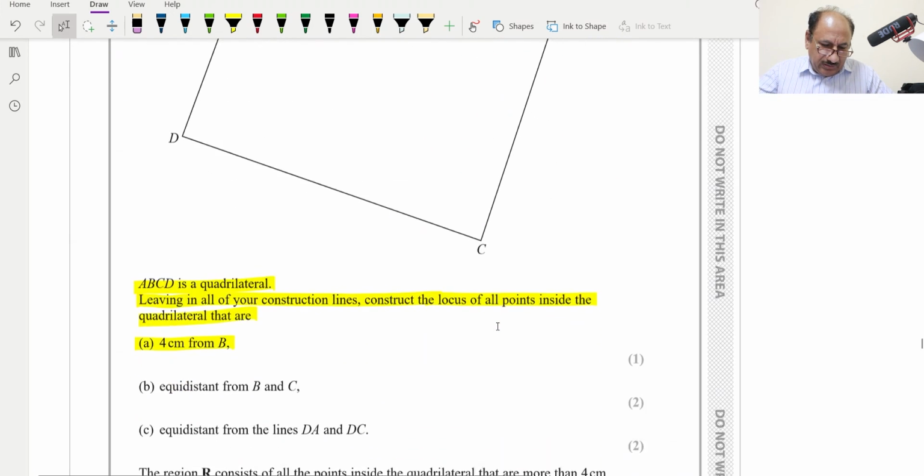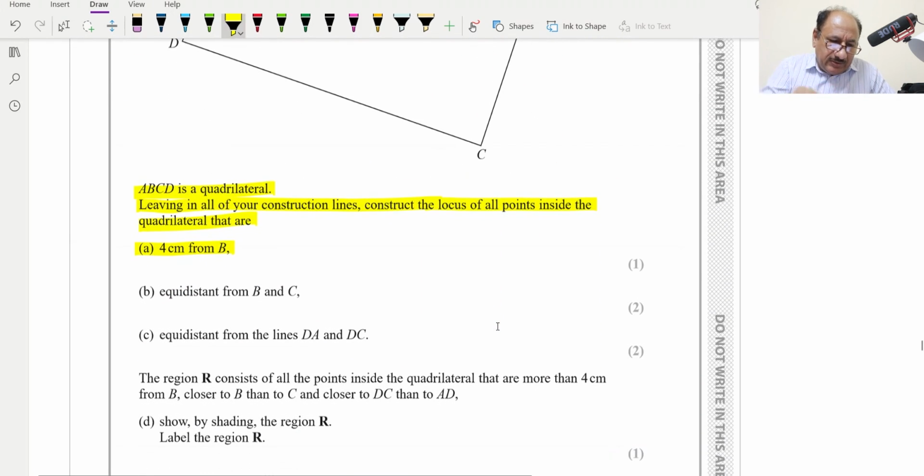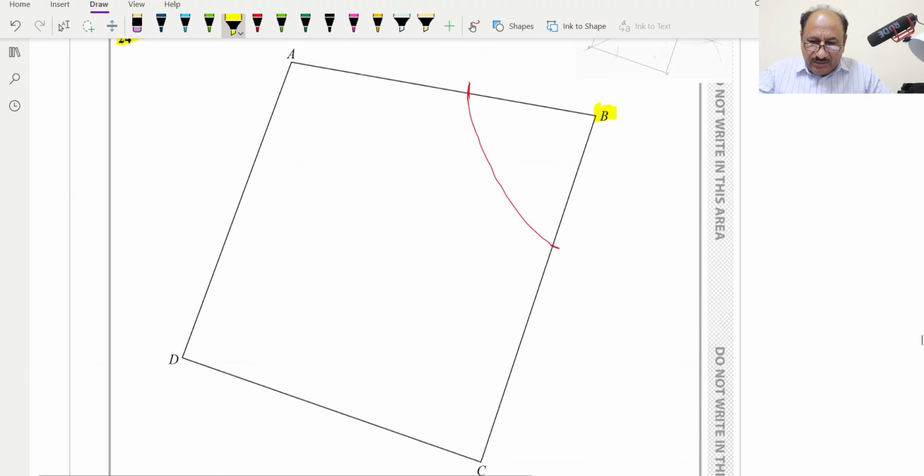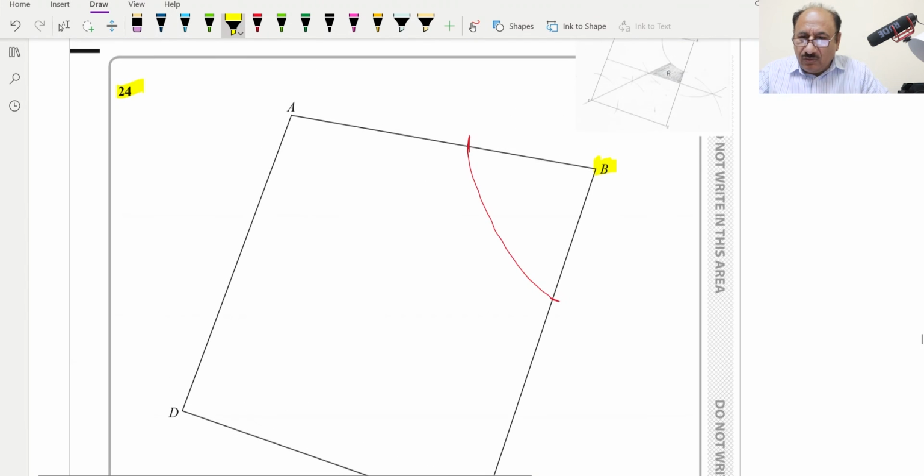Now the second condition is equidistant from B and C. So B and C equidistant means it should be on the perpendicular bisector of BC.